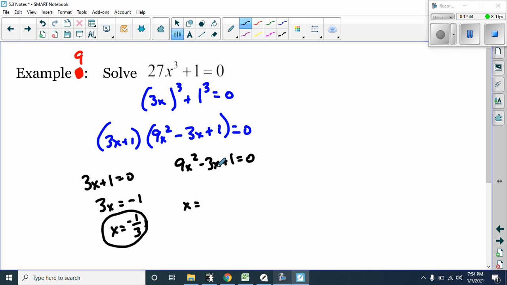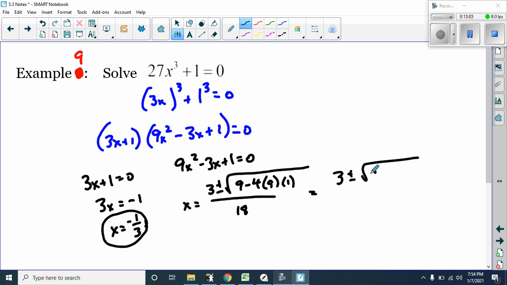X equals negative b plus or minus the square root of b squared minus 4 times a times c all over 2 times a. Four times 9 times 1 is 36.